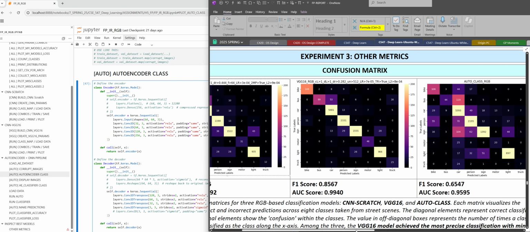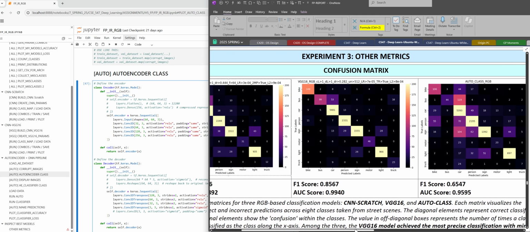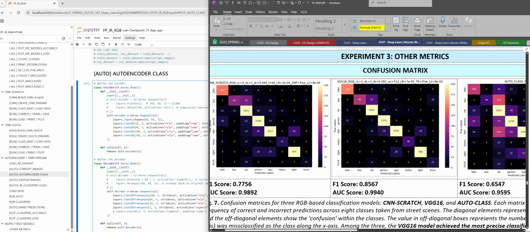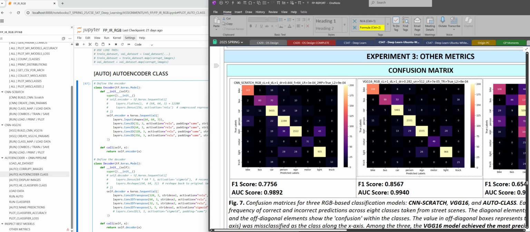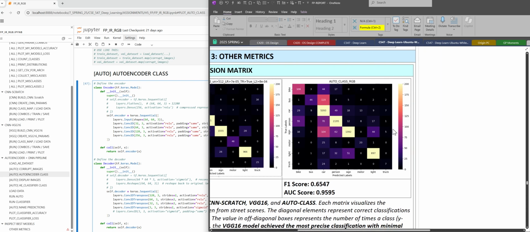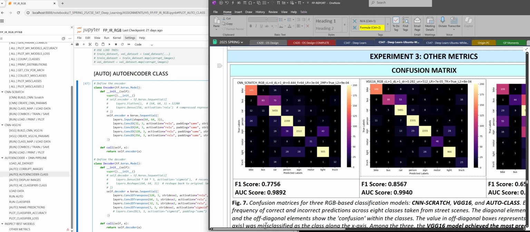One place that the VGG16 struggled with that the other ones didn't struggle with as much is identifying bus as truck. Here it's only 2, and here it's only 7.